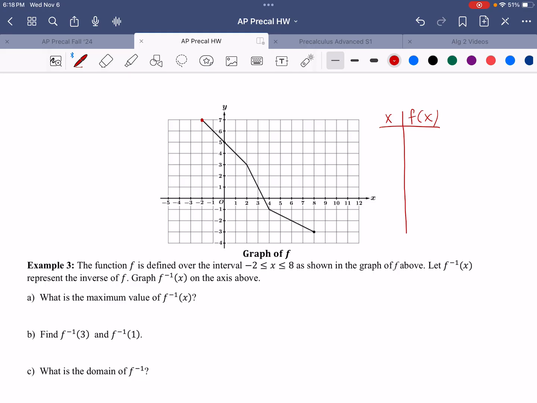I'm going to use those endpoints for sure. -2, 7, 2, 3, 4, -1, 8, -3, and then for the inverse, using that inverse notation, and we'll just switch the inputs and the outputs.